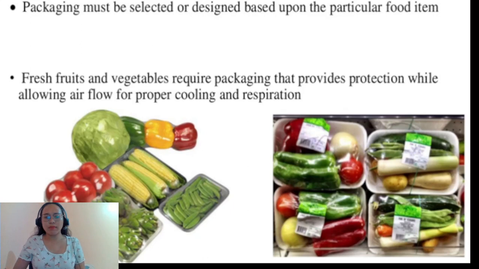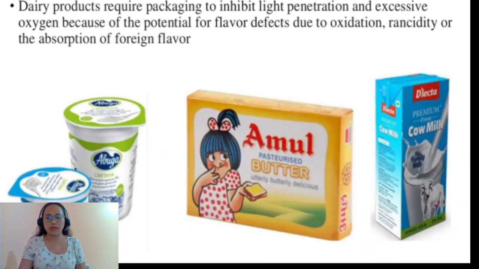Then, packaging must be selected or designed based upon the particular food item. Like these fresh fruits and vegetables require packaging that provides protection while allowing airflow for proper cooling and respiration. We can see it when we go to the mall. This is the proper way for packaging the fruits and vegetables.